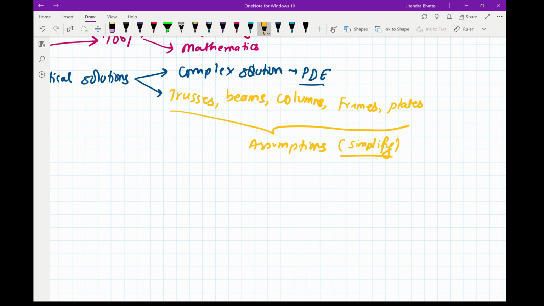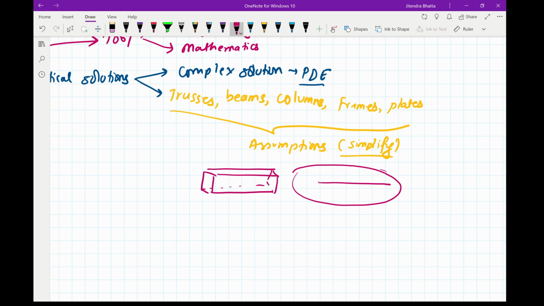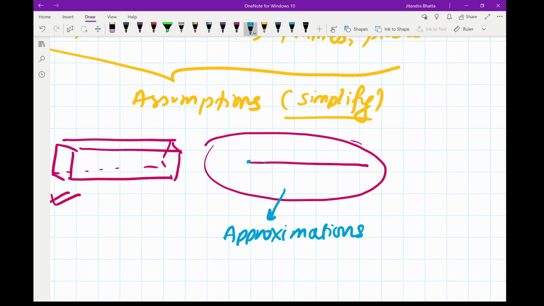For example, if you have a beam that is like this, we can simplify this beam into a line segment like this, which is generally easier to solve rather than this one. Now these solutions are not exact, they are approximations at certain discrete points.